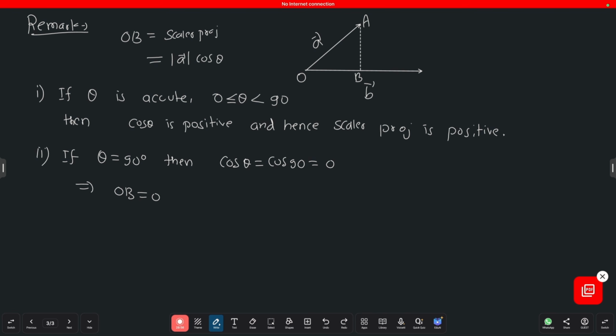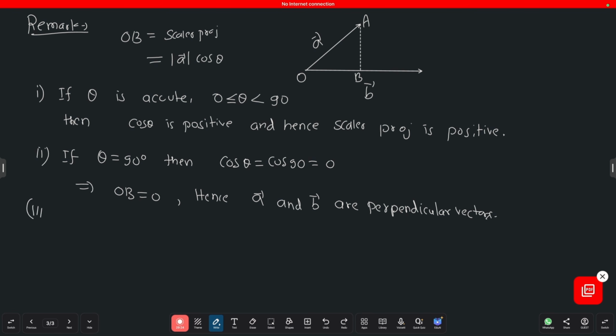So what is the meaning here? A vector is perpendicular to B vector. Hence vector A and B are perpendicular vectors.